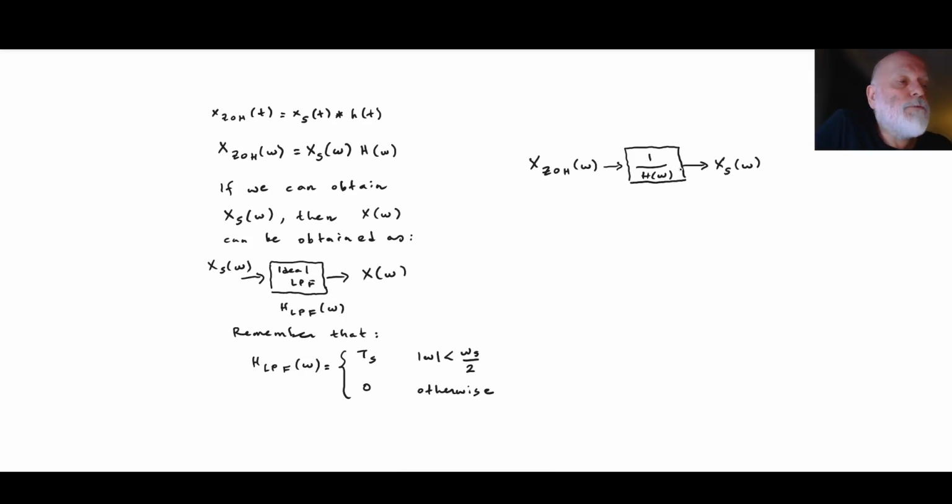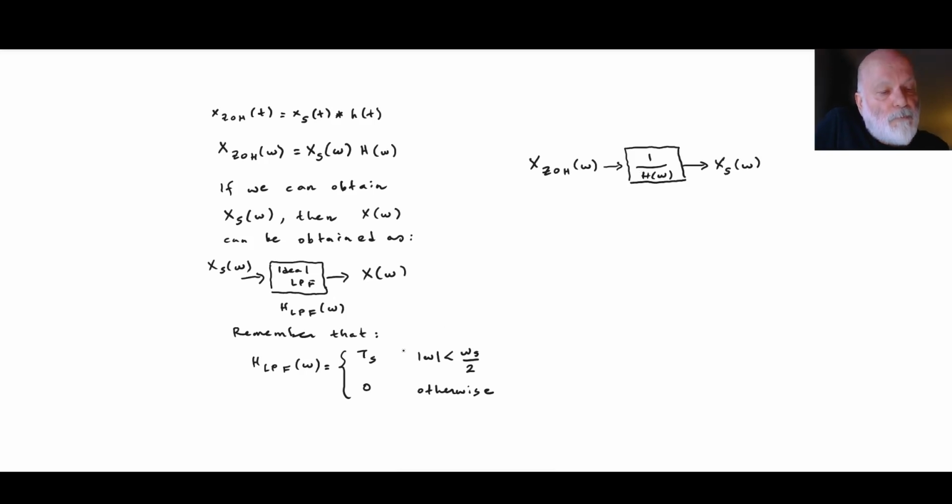In order to avoid these difficulties, we can combine the frequency response of the ideal low-pass filter and the frequency response we have defined here as 1 over H of omega as a single system, which is in fact obtained by cascading this system with the ideal low-pass filter.